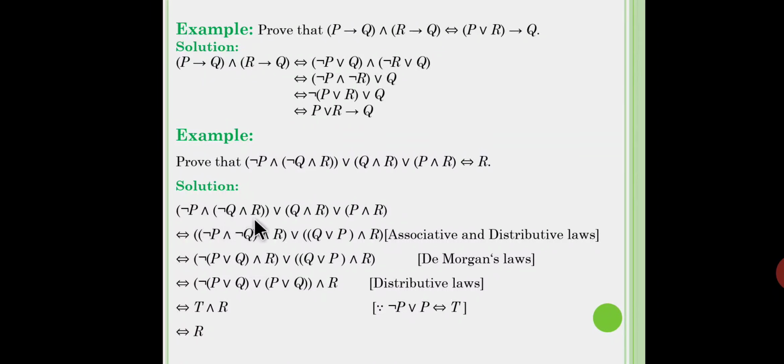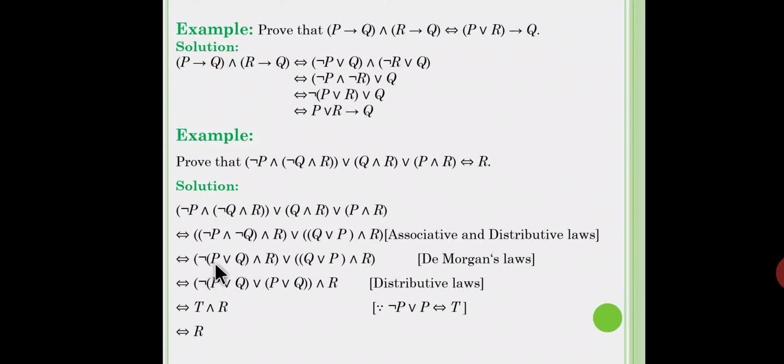In the other part, inside and outside of the parenthesis have different connectives, so we apply the distributive law. From this we write (negation P and negation Q) and R, or (Q or P) and R.